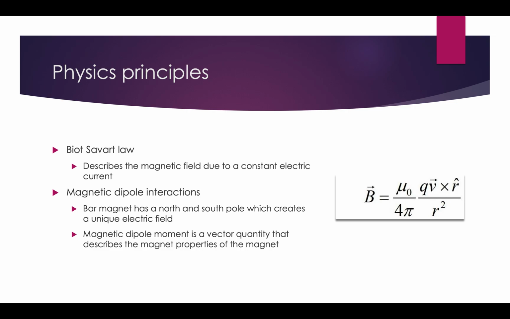The equation on the slide is what we use to create values out of this experiment. Then the magnetic dipole interactions, which state that bar magnets have a north and south pole, which creates a unique field, sort of like a dipole. And magnetic dipole moment is a vector quantity that describes the magnetic properties of the magnet.